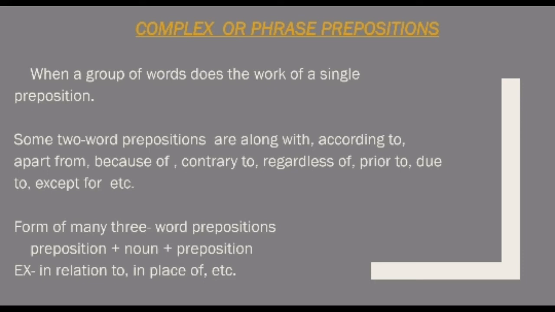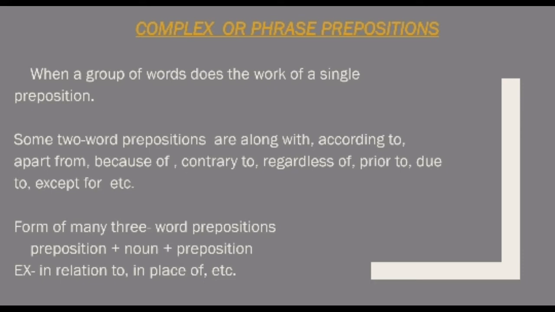Some of the examples are along with, according to, apart from, because of, etc. As in along with, you have two words, along and with. So complex prepositions have more than one word, and simple prepositions consist of only one word. These are the two parts.